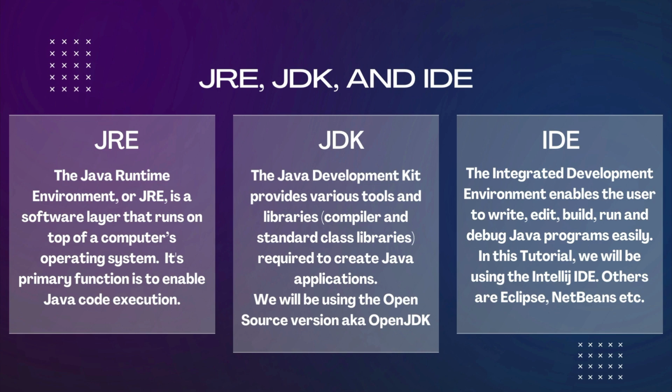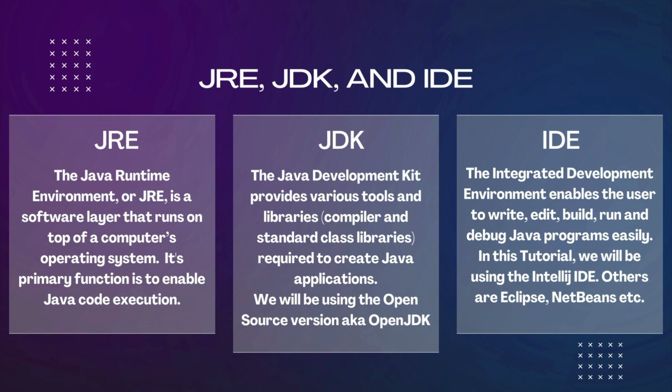Secondly, the JDK, that stands for Java Development Kit. This provides various tools, compiler, and standard class libraries that are required to create your Java application. In this instance, we are using version 17 of the OpenJDK, as we saw earlier on in the video. Thirdly, we have the IDE, the Integrated Development Environment, which enables users to write, edit, build, run and debug Java programs easily.